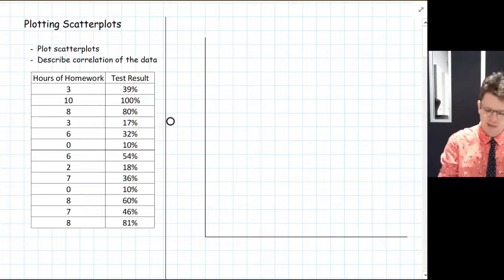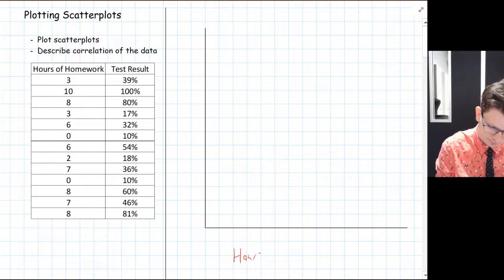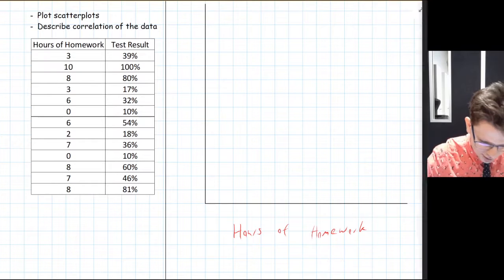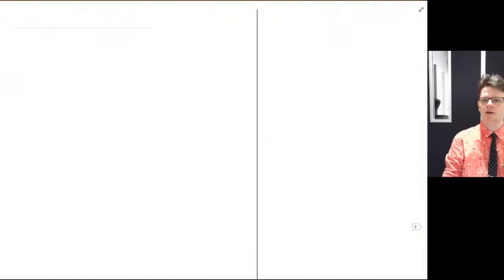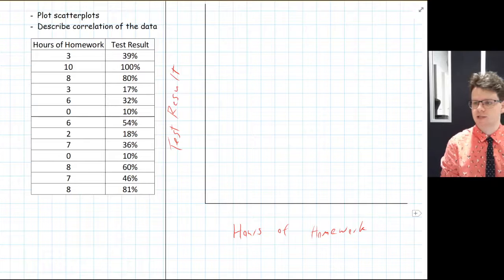So that means hours of homework needs to go down here, and then test result is going to go up the side. And you'll notice the test result's out of 100, and the hours of homework is between 0 and 10.